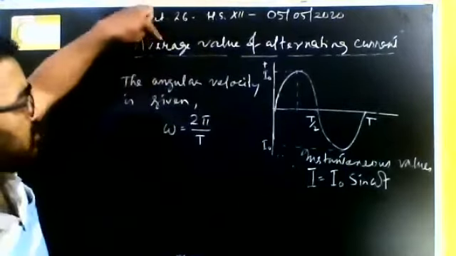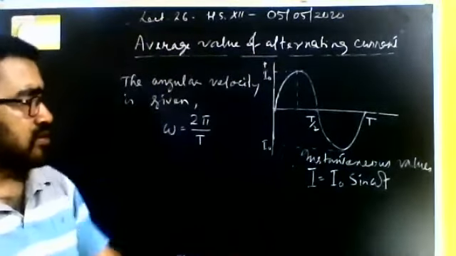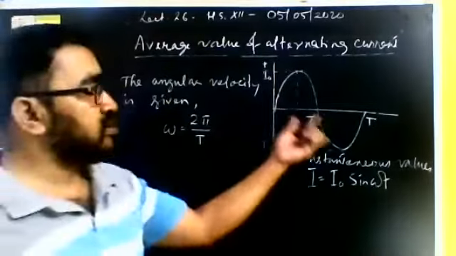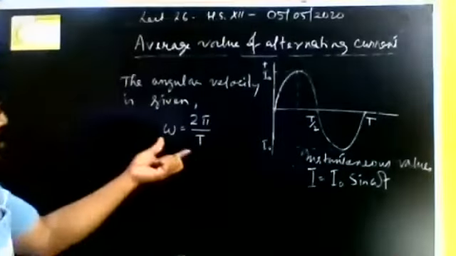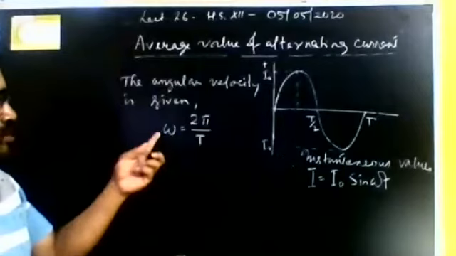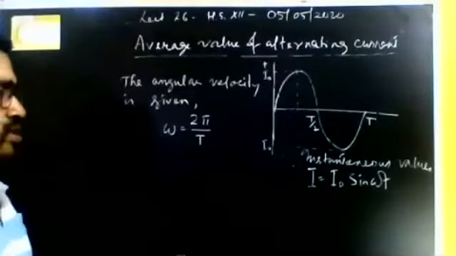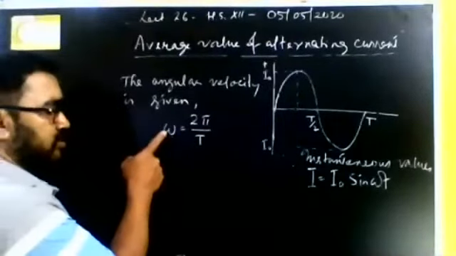Before going to find the average value in a complete cycle, this is a half cycle, this is another half cycle. We have to know this relation. How? What is omega? Omega is the angular velocity.